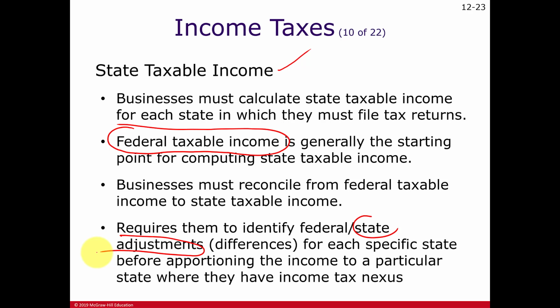Certain types of income are taxable to the state but tax-free to federal, and vice versa. Certain types of deductions are deductible by the state and not deductible by federal, and again vice versa. So all of that is either added or subtracted to the federal taxable income to get to the state tax base or state taxable income.